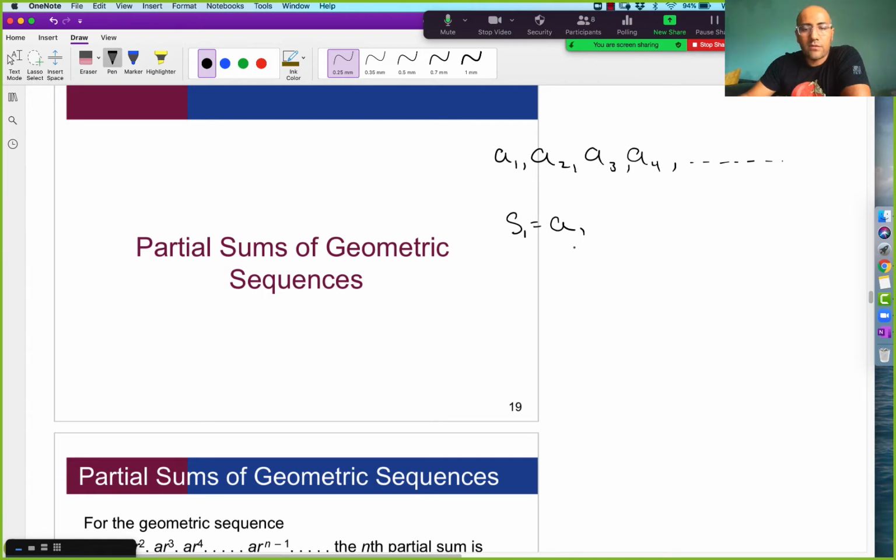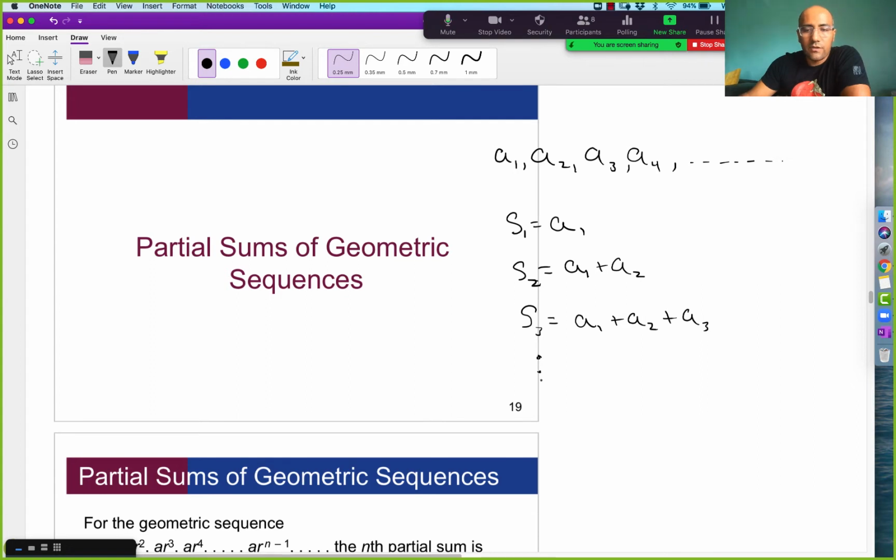S1 equals a1. S2, the second one on this new list, is equal to a1 plus a2. S3 is equal to a1 plus a2 plus a3, right? The sum of the first three.